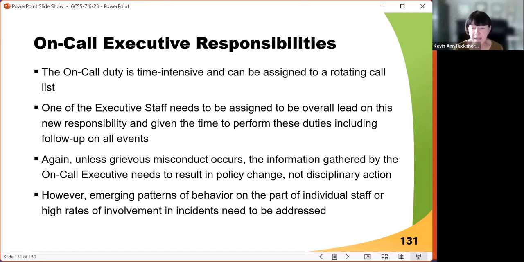Emerging patterns of behavior on the part of individual staff, or high rates of involvement in incidents, also need to be addressed, because as we identified before, there has often been in our history in behavioral health certain staff that by virtue of their size or their demeanor or whatever have been kind of labeled as the peacemakers, the people that will go in and fix an escalating problem.